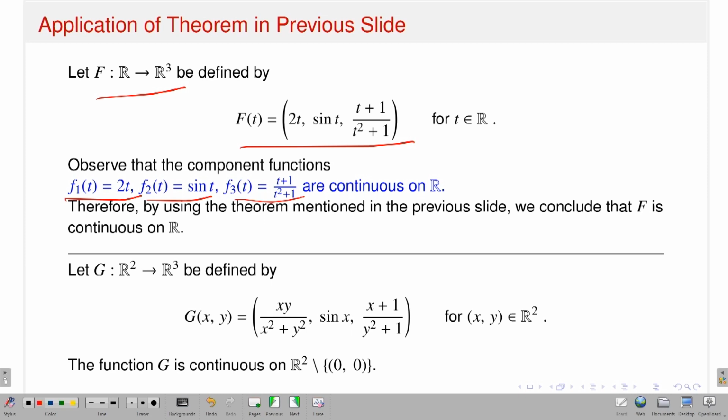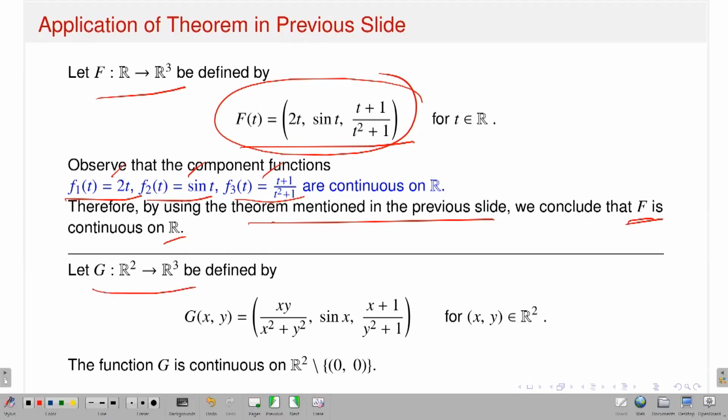Each of these is a real valued function from R to R. The first is a continuous function, the sine function is a continuous function, and the third is a quotient of two continuous functions, hence continuous. So, all the component functions of capital F are continuous, and therefore, by my earlier theorem, capital F is a continuous function on R. So, using the continuity of the component functions, I can talk about the continuity of capital F.